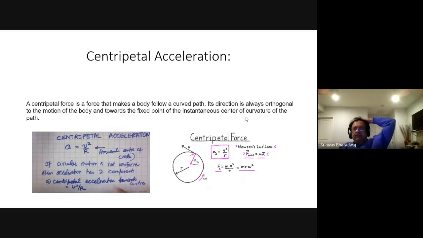So you end up with F net equals MA, and A equals v square by r, or omega square r. Let v equals omega cross r. Therefore v square becomes omega square r square, and one r will cancel out, the other r will remain, so M omega square r. Omega and r are perpendicular. If the motion is going like this, omega is towards you. The direction of omega depends on the direction of rotation, so you must notice that.